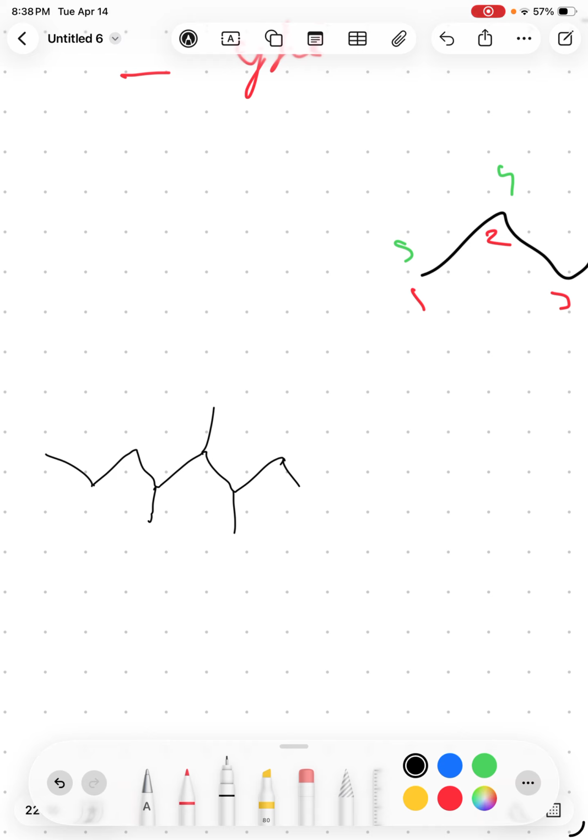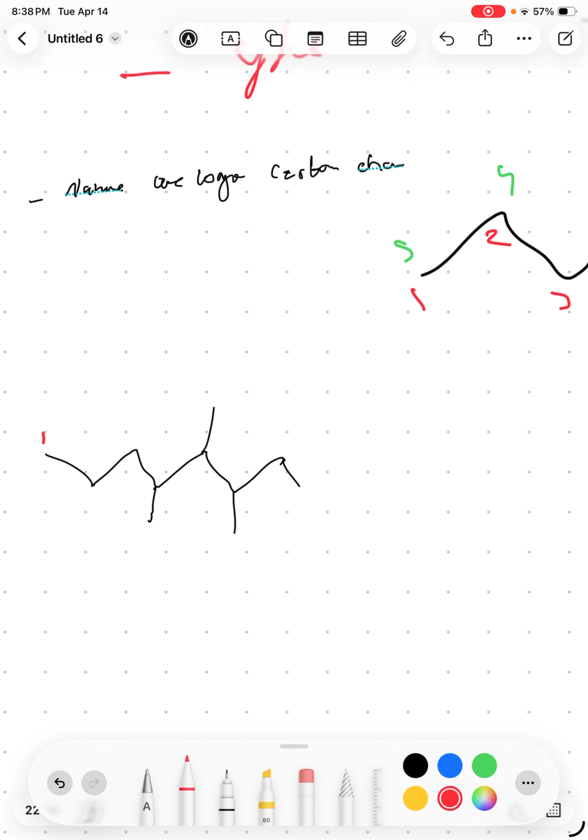Okay, that's beautiful. So what was our first rule? Our first rule was to name the longest carbon chain, which I'm going to color code.